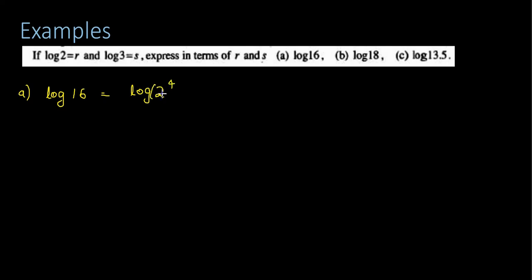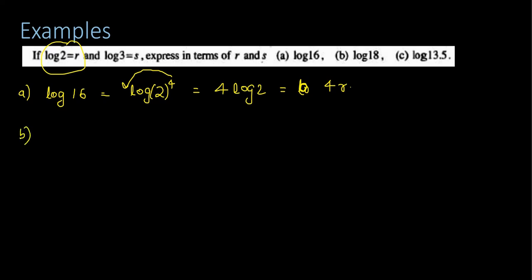I can write 16 as 2 raised to power 4. Applying property number 4, this exponent will come in multiplication. So this can be written as 4 log 2, and the value of log 2 is r, it is given. So 4r. So log 16 is 4r.